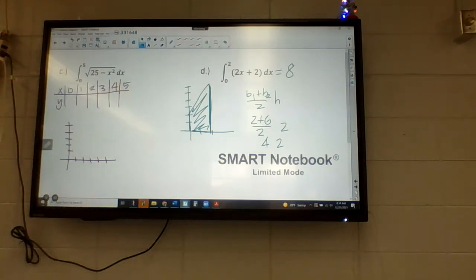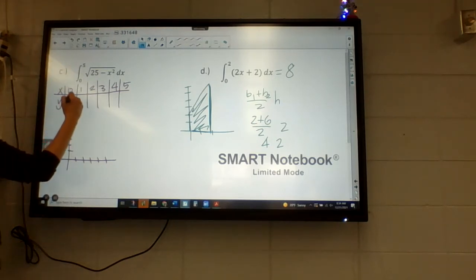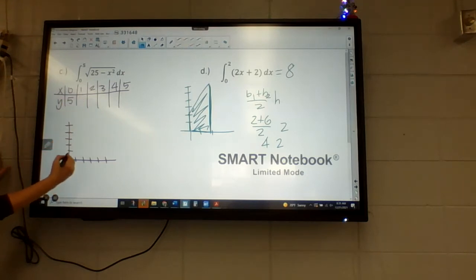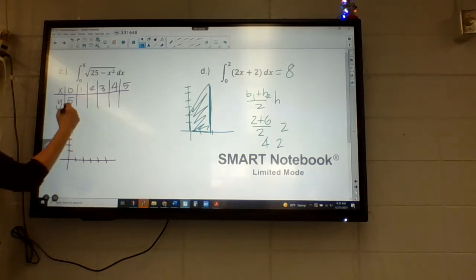and I'll show you some of them will be nice numbers and others won't. So if I put 0 in, 0 squared is 0. Square root of 25 is just going to be 5. So 0, 5 is going to be my first point. The next couple are kind of icky numbers, so I'm going to skip them.